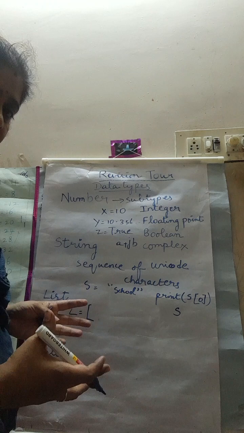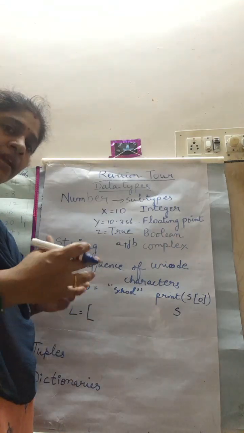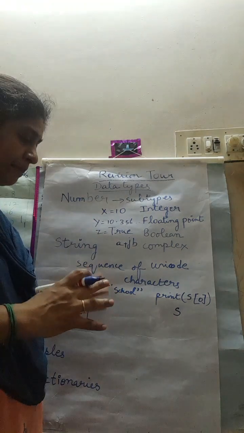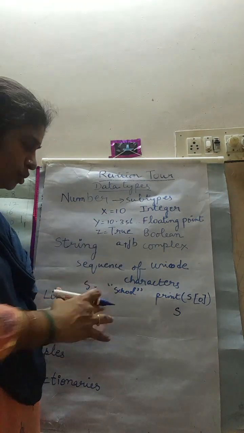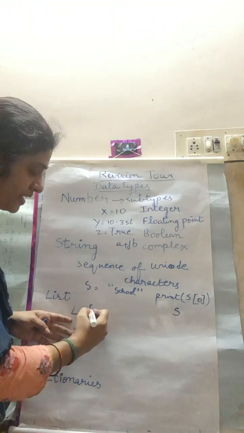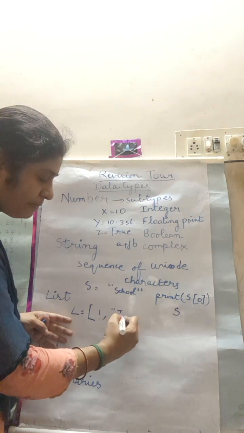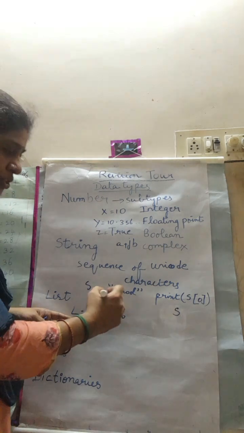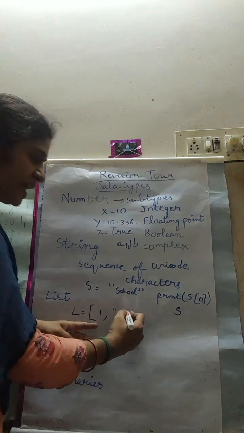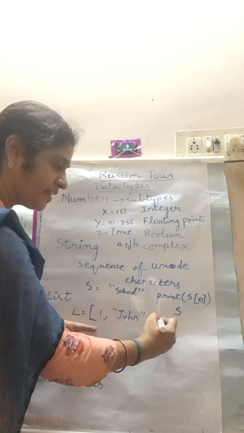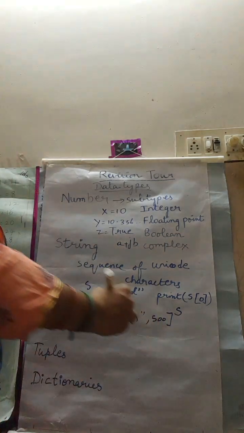Any values of any data type can be written: an integer, a string, a floating point. I'm just writing a student's information: roll number 1, the student name John and his total marks as 500. So this is a list.